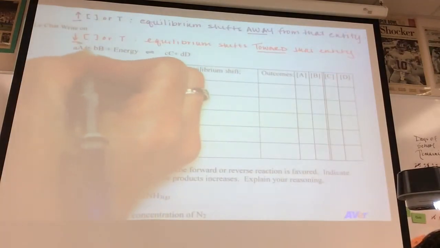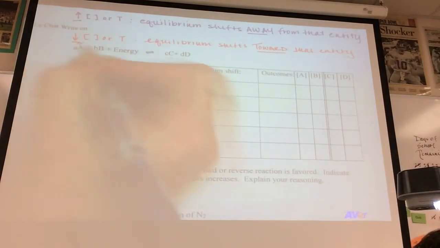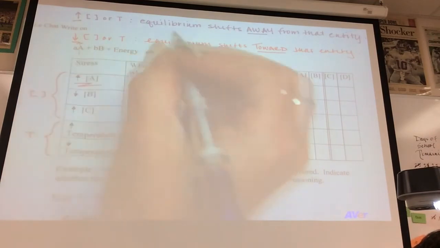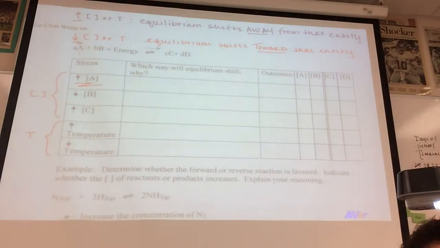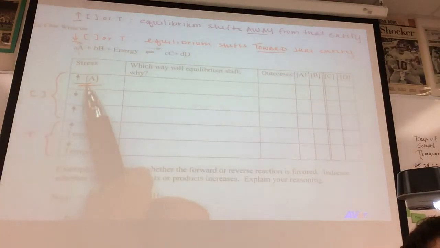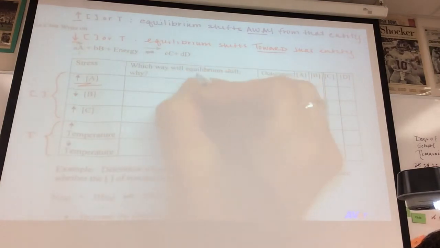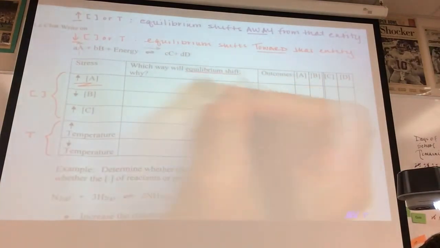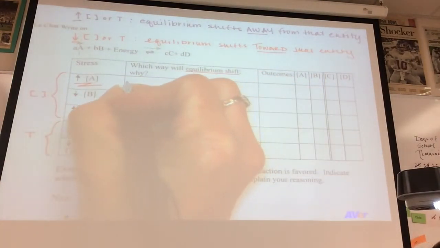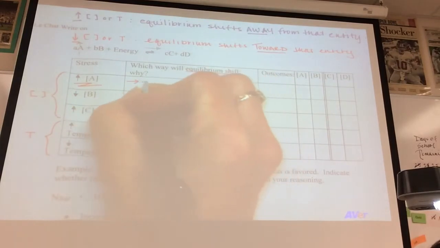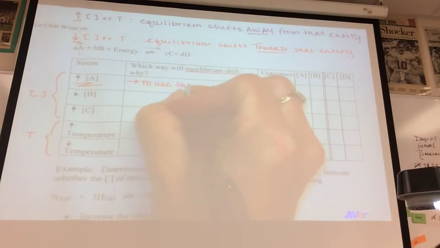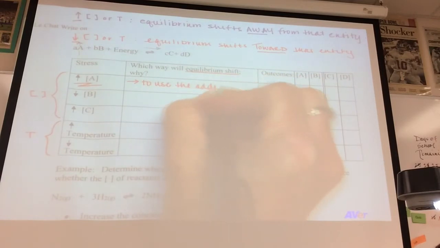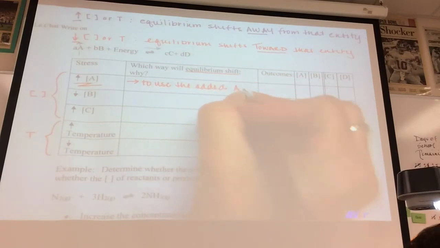If I'm shifting away from A, which is on the left, I've got to have equilibrium shift in the forward direction. So when I increase the concentration of A, equilibrium will shift in the forward direction to use the added A.